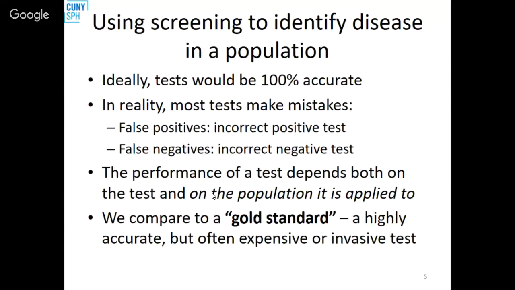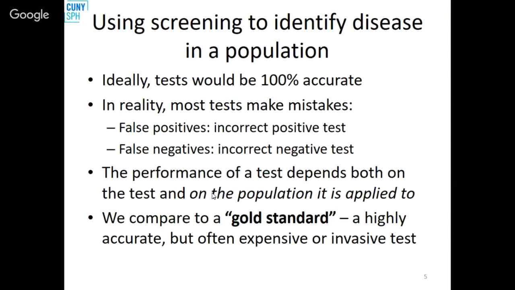Specificity and sensitivity, and I'll talk more about these, are actually intrinsic properties of the test. But positive predictive value and negative predictive value are properties both of the test and the population that it's applied to.